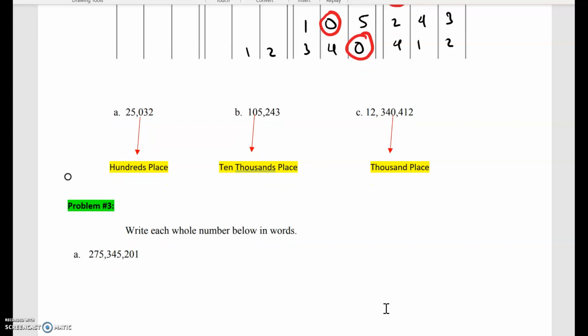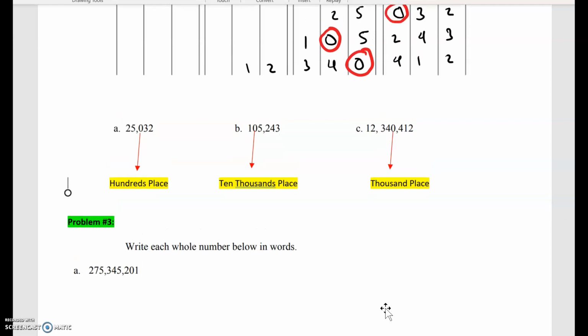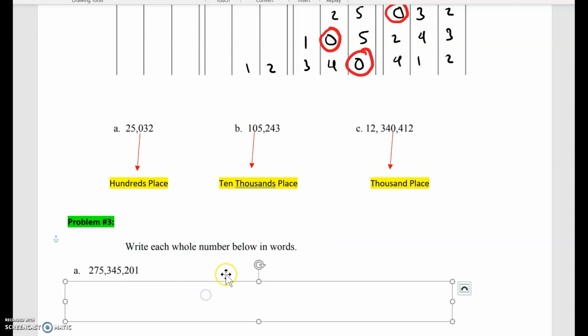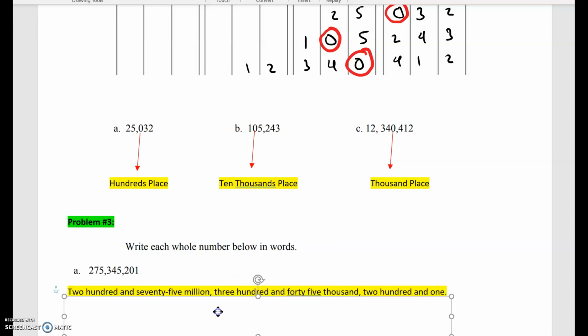Let's take a second and I need you to read problem 3. What they want us to do here is write it as words. I actually typed it in advance. So for this very first one, you're looking at 275,345,201.